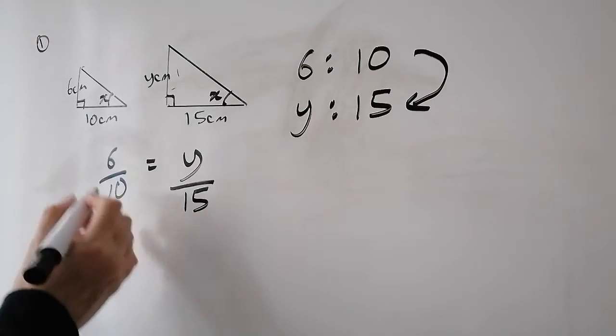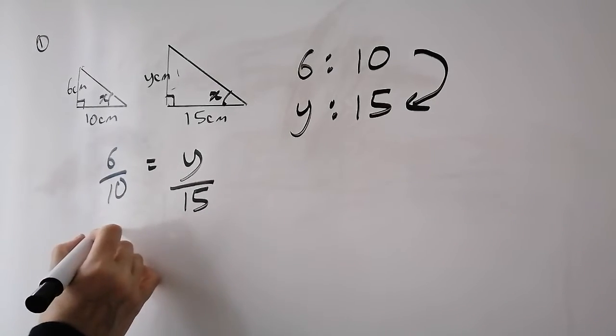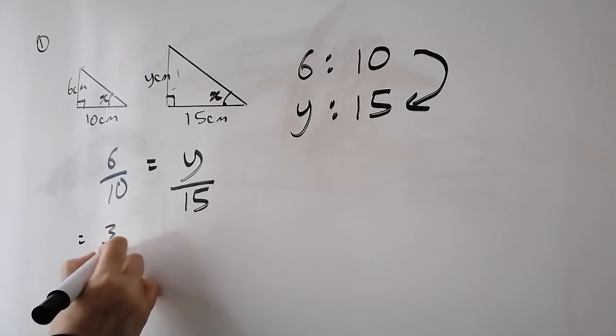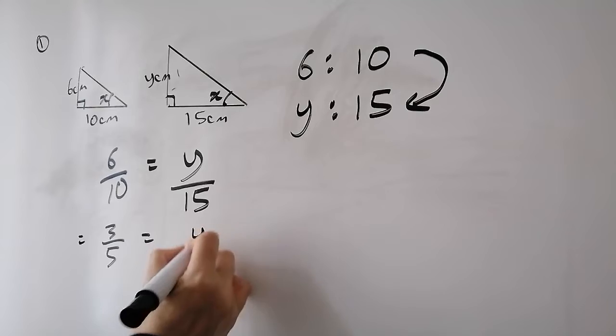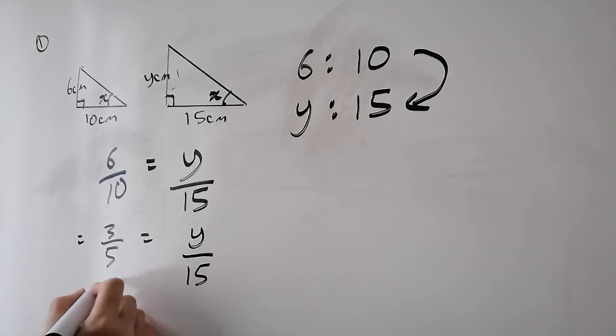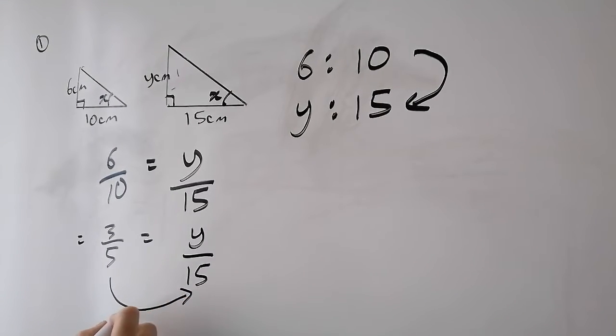We can reduce 6/10 by dividing them both by 2, and we get 3 over 5. And that has to be the same as something over 15. Now we're in an easier position, because we can see that to get from 5 to 15, we've multiplied by 3. So we've got to do the same to the top to make this equivalent.